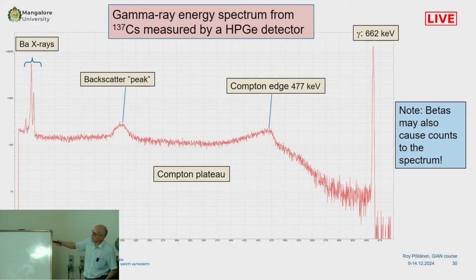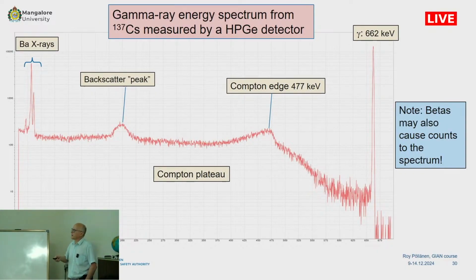The energies here are 32 and 37 kilo electron volts, if I remember this correctly. But you have to understand that cesium is a beta emission nuclide, so betas may also go to the detector. But we cannot see those. The beta energies are quite low in this nuclide.